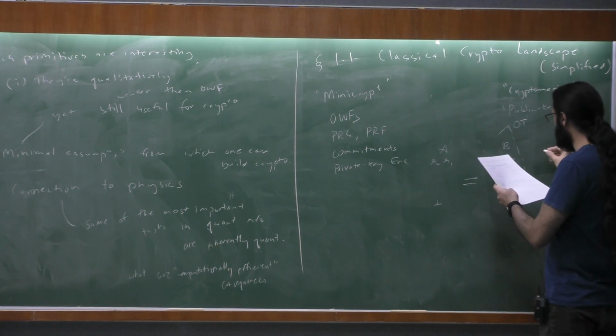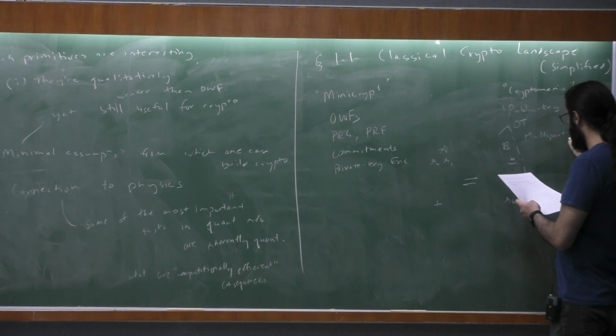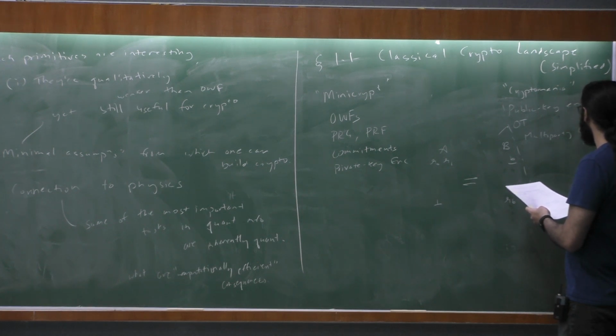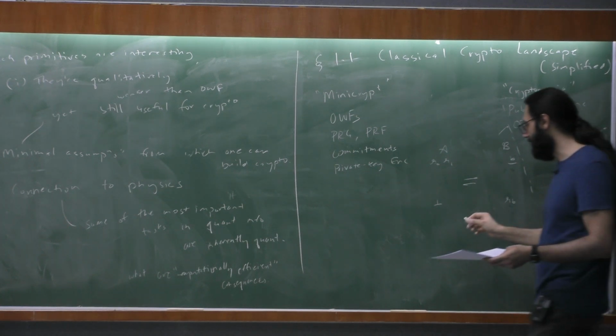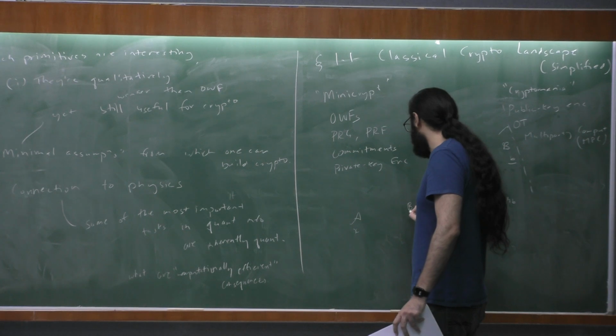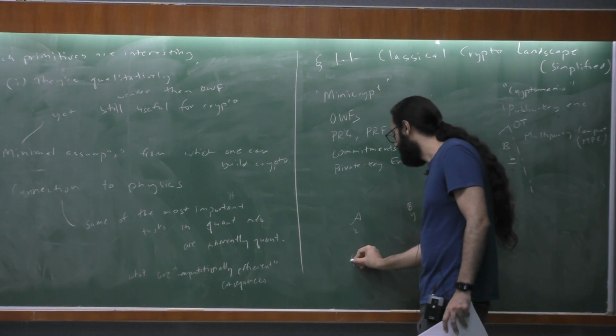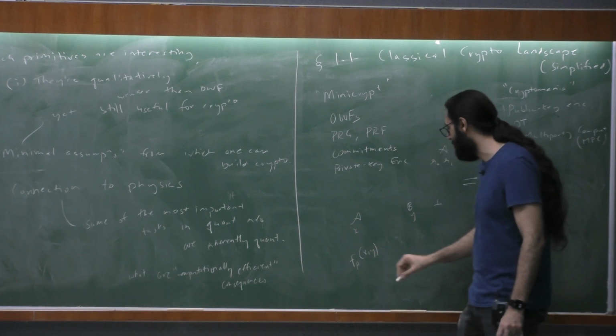Okay, so you have oblivious transfer, then you have multi-party computation, MPCs. So what is a multi-party computation? It is the following. Alice has some input x, Bob has some input y, and say Alice wants to compute some function f_A which depends on x, y.